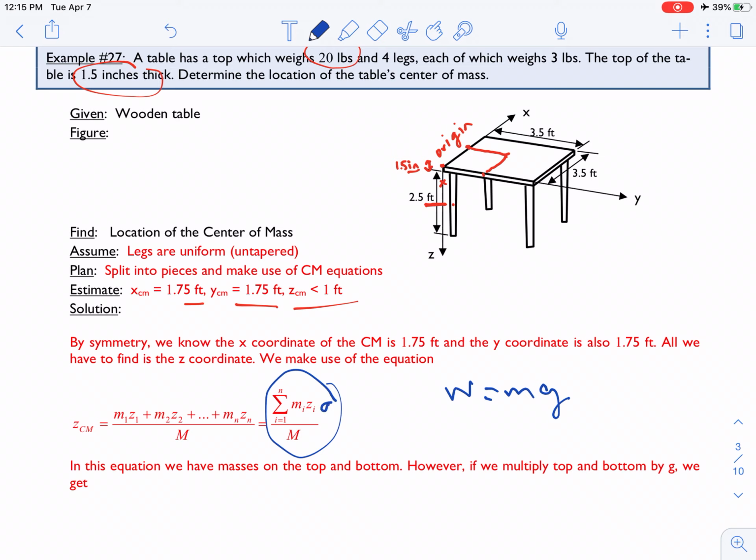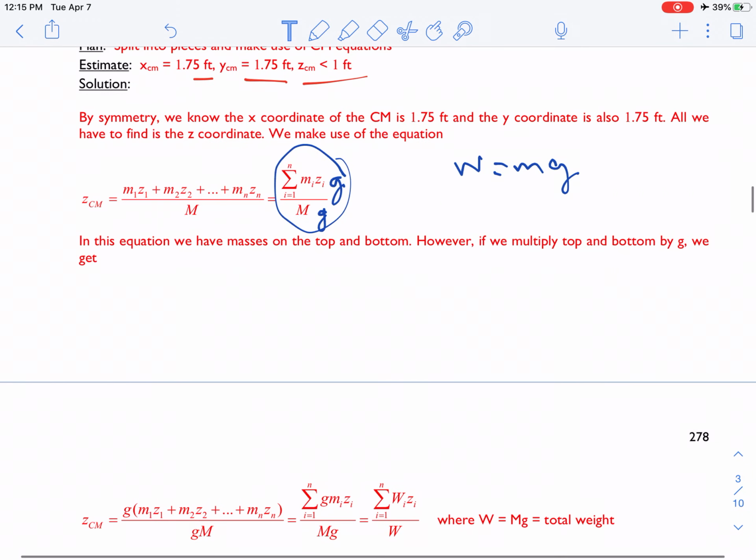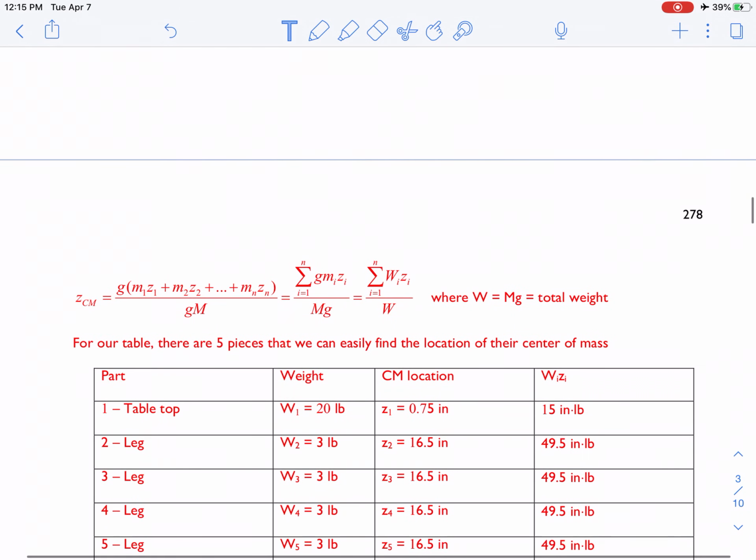And you're not going to change anything if you do it at the top and the bottom. Both of them are going to be weight force. And you don't need to really convert the pounds to slugs to figure out this problem, because pounds is not a mass unit. So this is what we are doing. We are multiplying top and bottom by g to make it a force, or the weight force. Once you distribute it, g is going to come in right here, and then m times g becomes w, and we also have w at the bottom. The top one is for each piece, the bottom one is for the total weight.